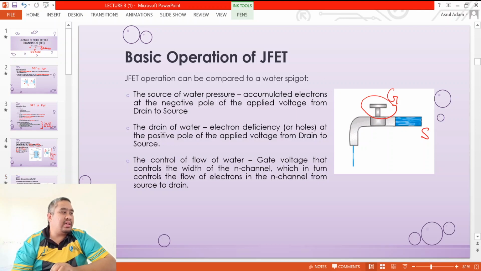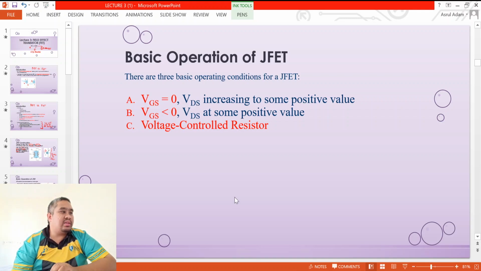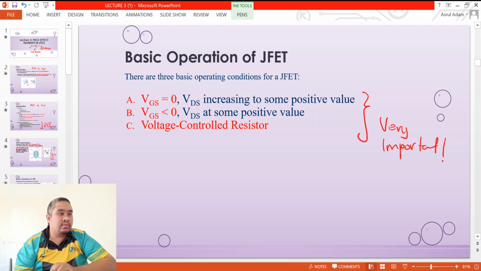Let's move to the next slide. This is the basic operation of a JFET. Very important, highlighted here. Now we must know our VGS.